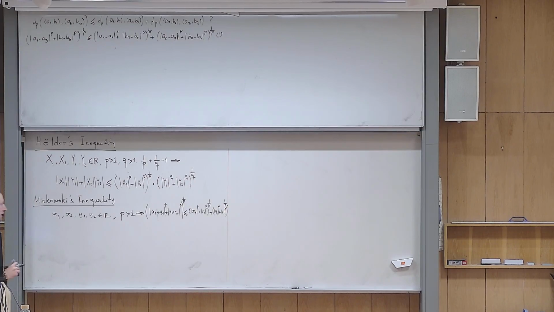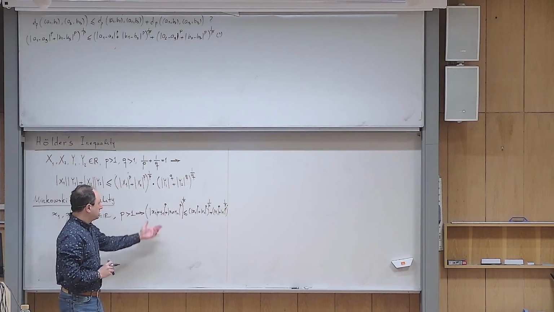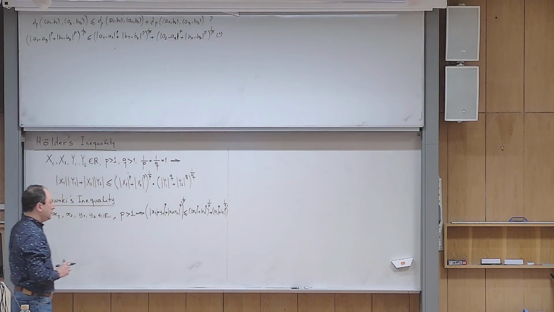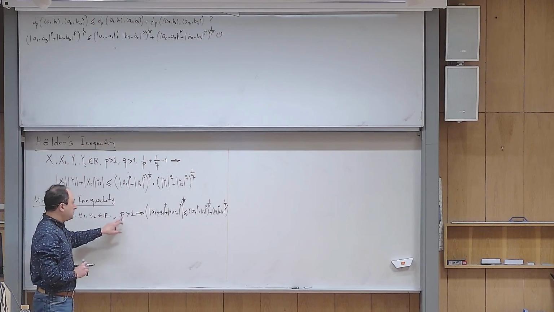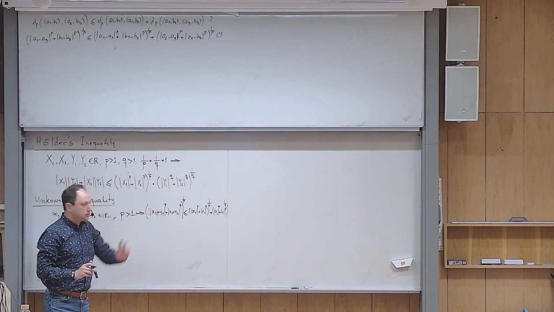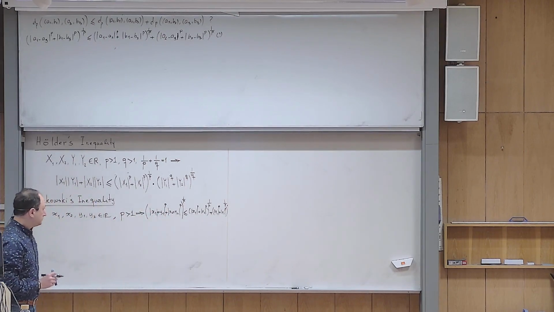It's a little bit complicated formula, but this is the Minkowski inequality if x1 and x2, y1 and y2 are real, and only p is greater than 1. So you see that there is no q involved in that problem.